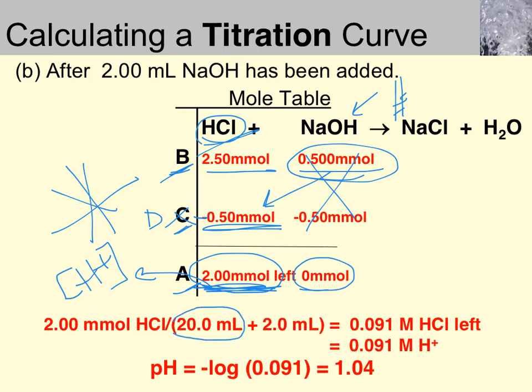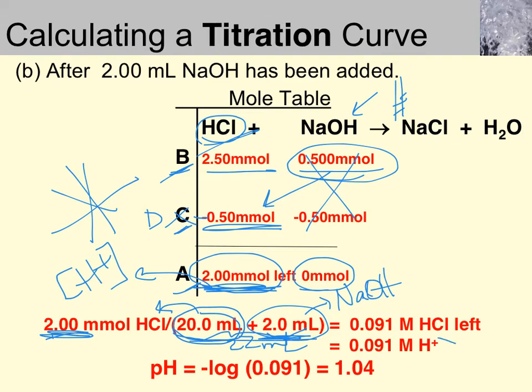We started with 20 milliliters of hydrochloric acid, but we have now added 2 milliliters of the sodium hydroxide solution to titrate it. So our total volume is now 22 milliliters. Be very careful then when you figure out concentrations while you're titrating, because the volume will continue to change.